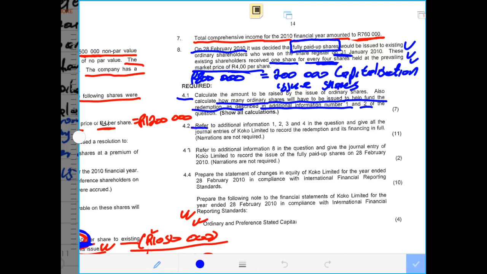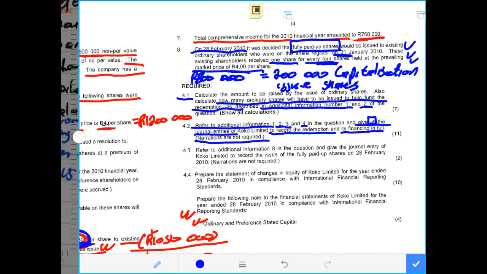They say refer to additional information number 1, 2, and 3, and also 4 in the question, and give all the general entries, not some, all of them. Don't leave anyone. 1, 2, 3, and 4, all the general entries of Coco Limited to record the redemption and its financing in full. Narrations are still not required once again.